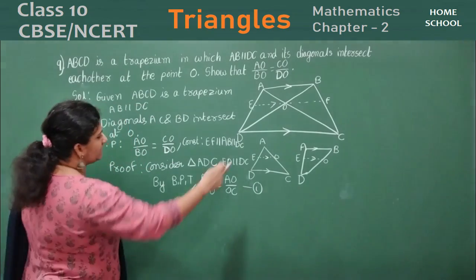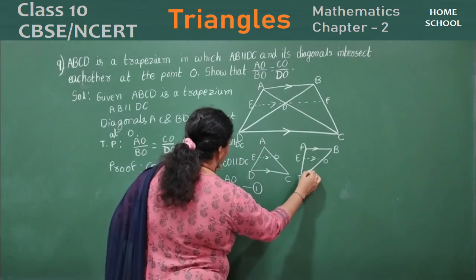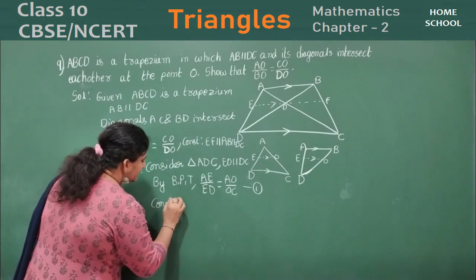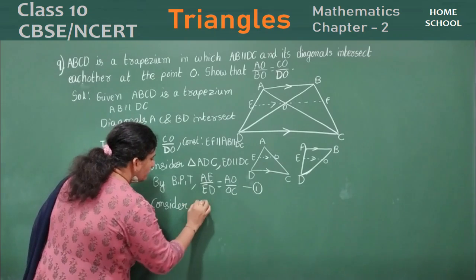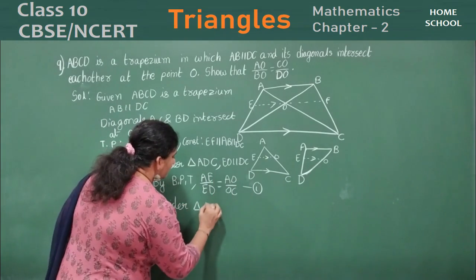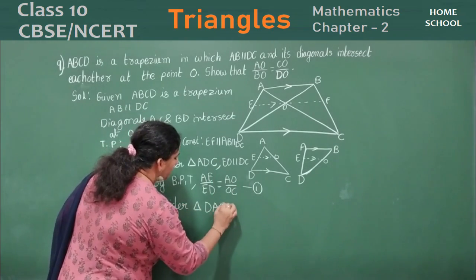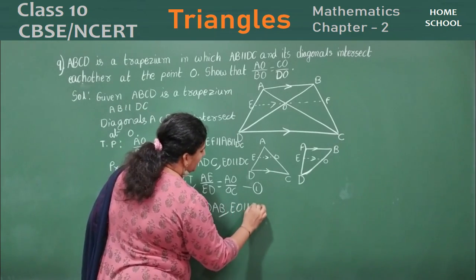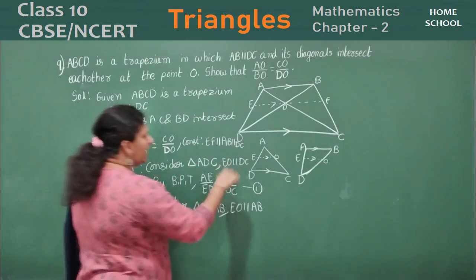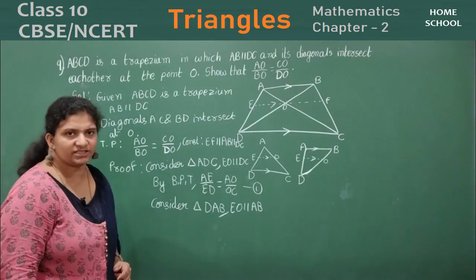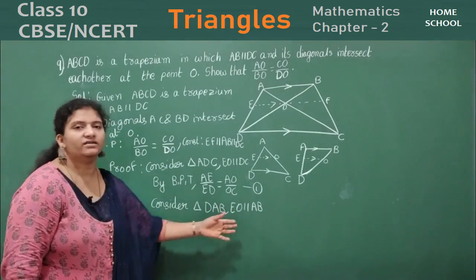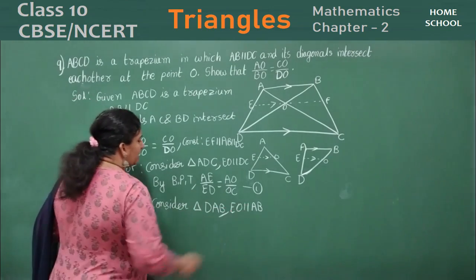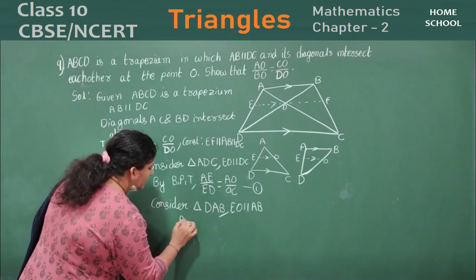So now let's take the second triangle here, children. Consider triangle DAB where EO is parallel to AB. Parallel we have done by construction. If they are parallel, I can apply BPT.